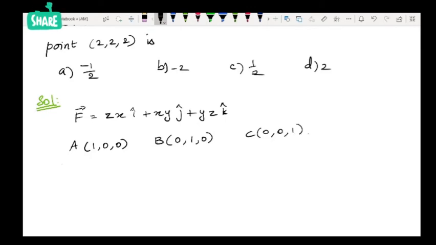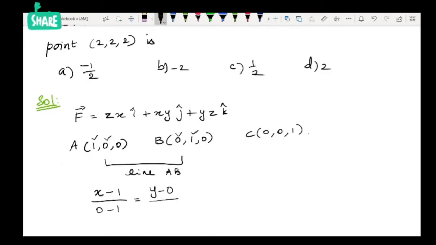First let's find the integral from A to B. For that we need a line AB, right? So what is the equation of a line? x minus x1 by x2 minus x1 equal to y minus y1 by y2 minus y1 equal to z minus z1 divided by z2 minus z1.